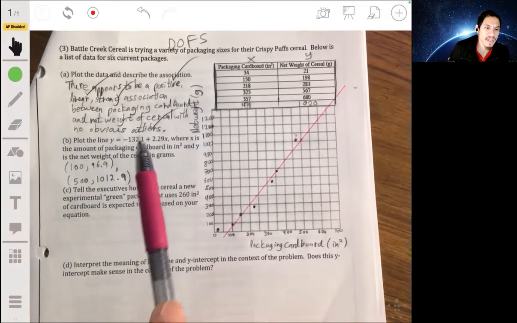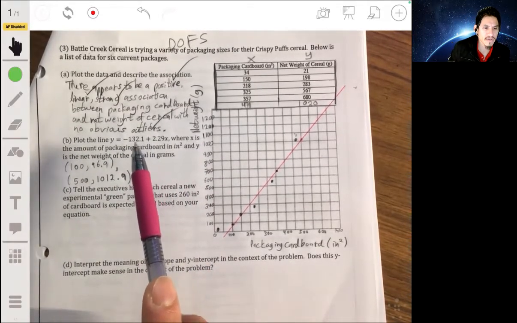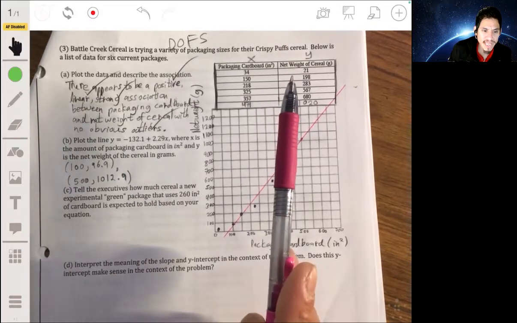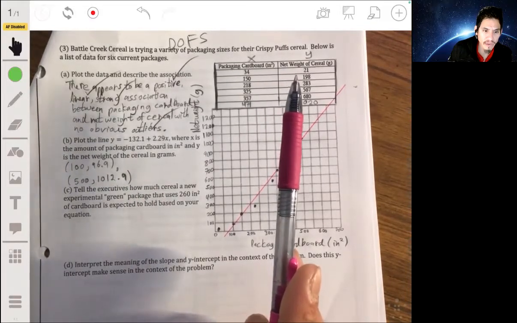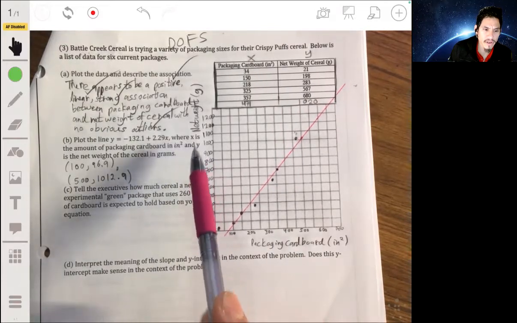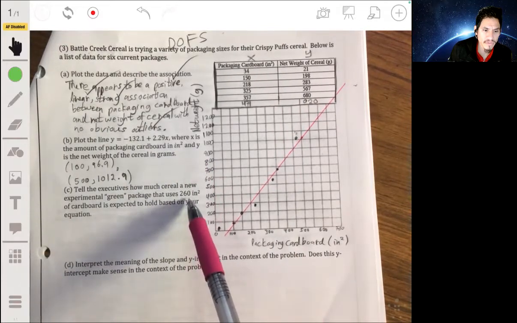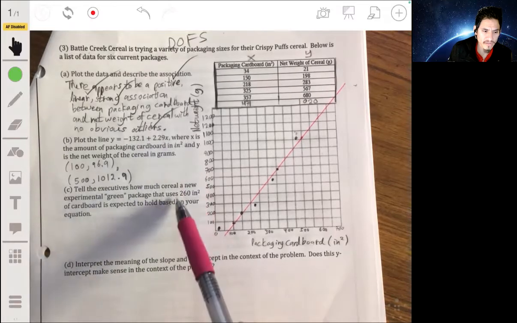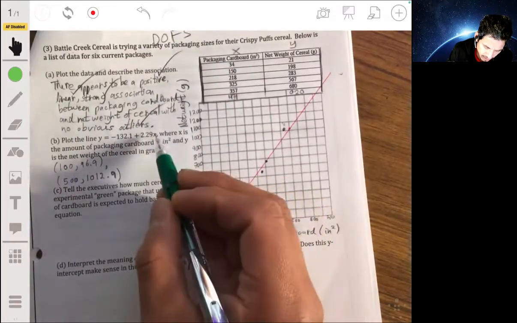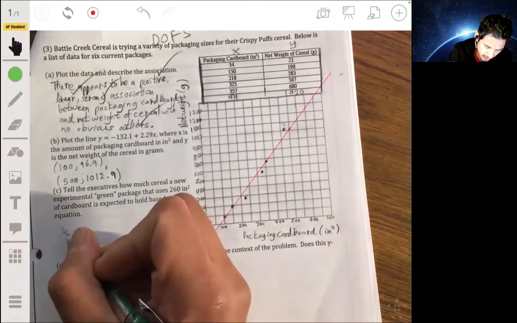It's to give us predicted values of y, in this case, predicted values of the weight of the cereal that will hold based on a specific amount of cardboard that you're given. So if we're given 260 for x, to find y, we just plug in 260 for x into here and just calculate y.